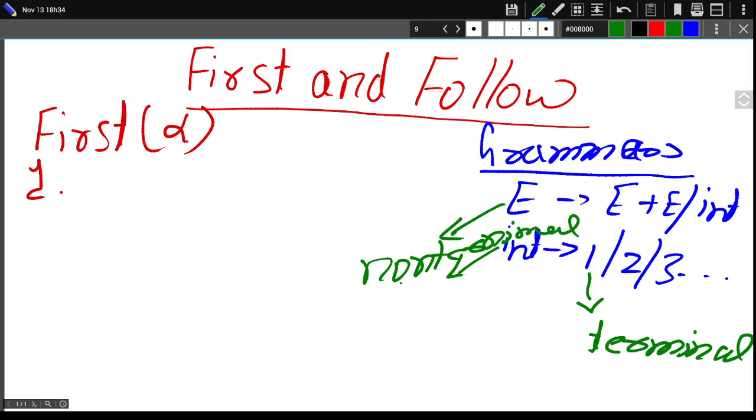Okay. So the first rule says if the symbol under consideration alpha is a terminal, what we will do.